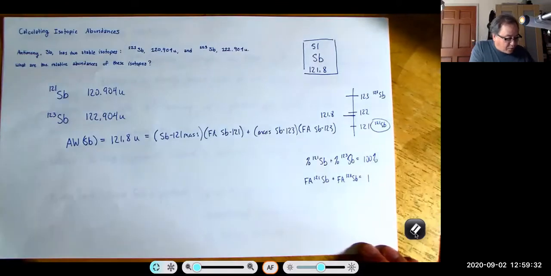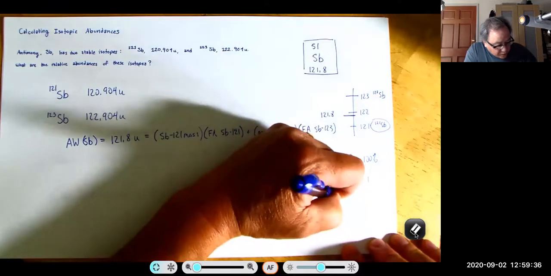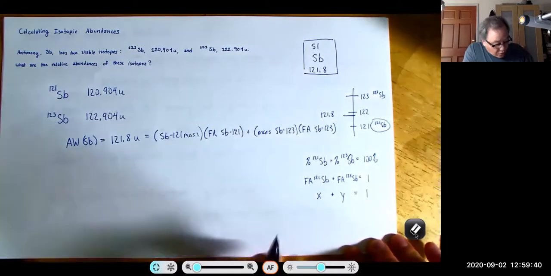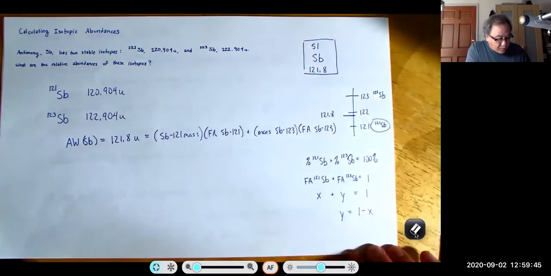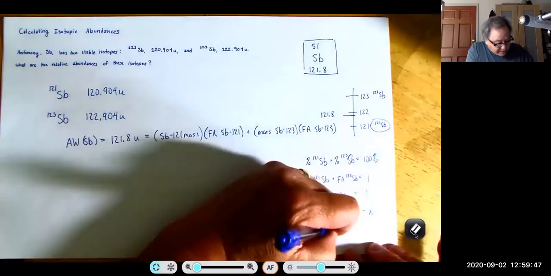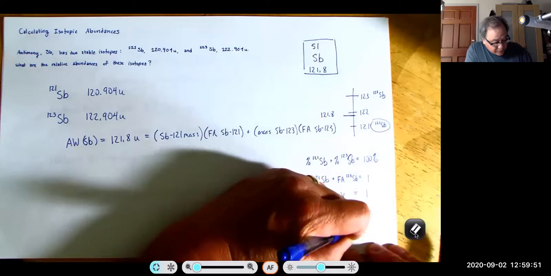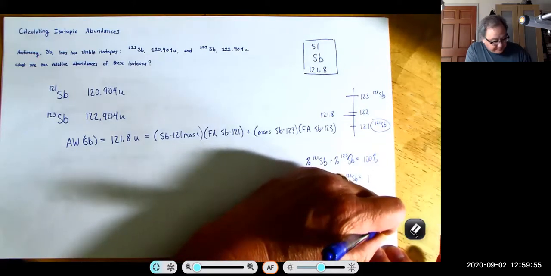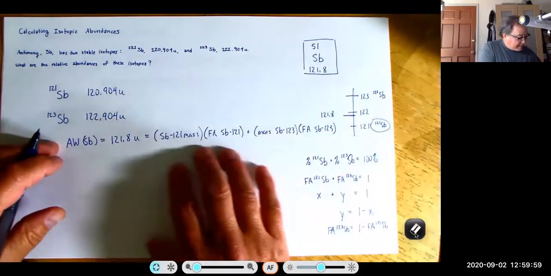Okay, so the way you handle this is you could say that this is X, and this is Y, and this is 1, right? Or Y is equal to 1 minus X. And what we're really saying here is that the fractional abundance of 123 is equal to 1 minus the fractional abundance of 121.